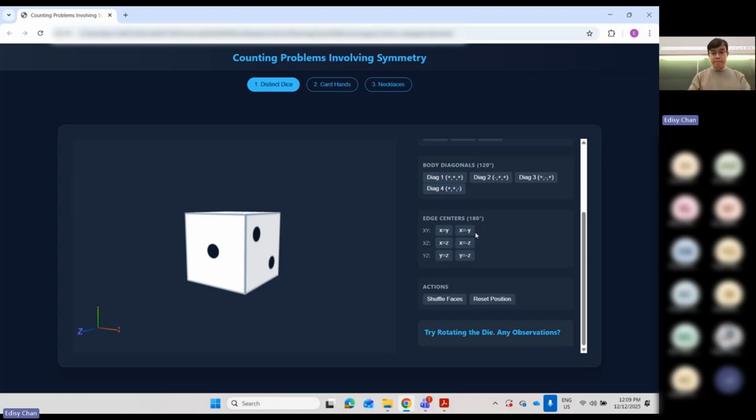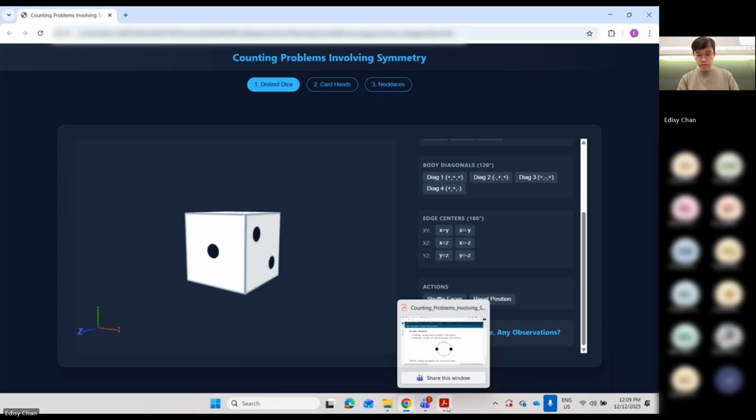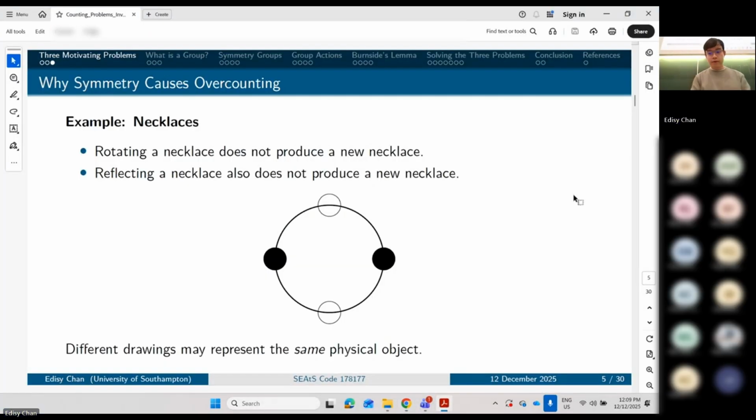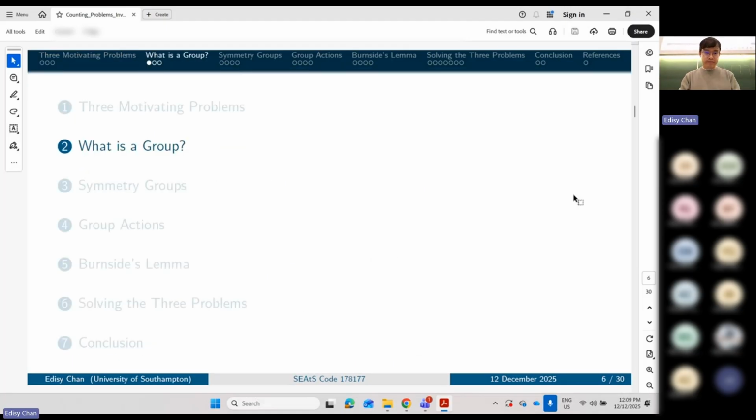All right, so now the next question is, we know the problems now, so how can we attack them? I tell you, we can use group theory to attack them. So what is this about? We have to know what is meant by a group first.